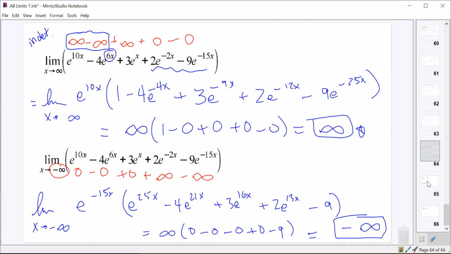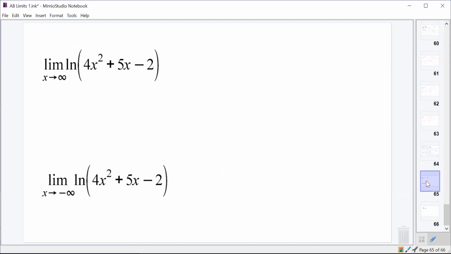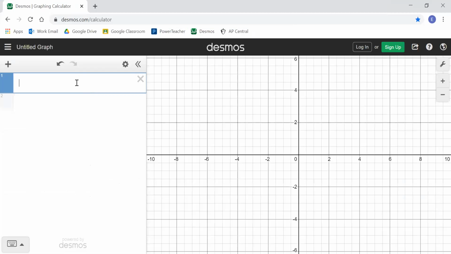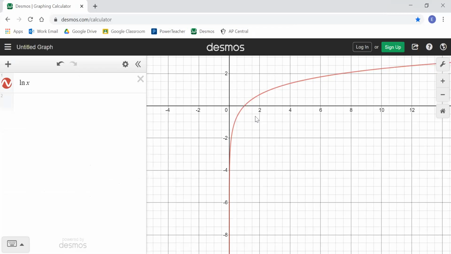All right, let's move on and talk about natural log functions. We should, with any luck, be familiar with what the natural log function looks like, right? Natural log of x. As x approaches 0 from the right-hand side, what does natural log of x do? It drops down towards negative infinity.